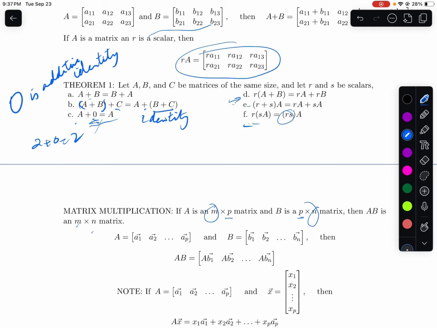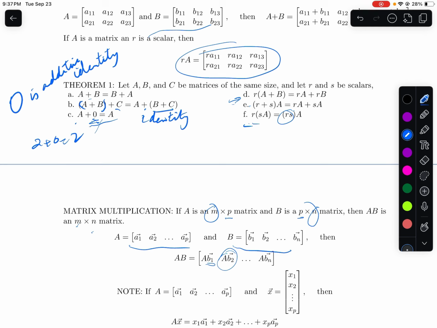So where am I getting this M and N? From this and this, the outer numbers. The matrix AB will have the size M by N. And how do we multiply? We can write A like this, and we can write B like that.